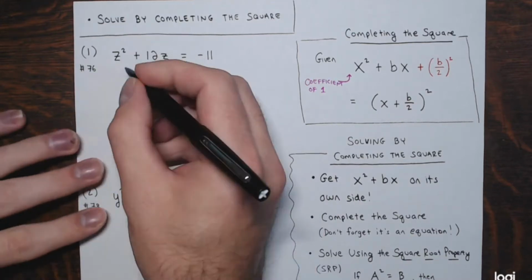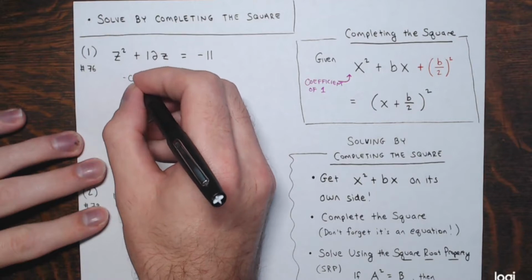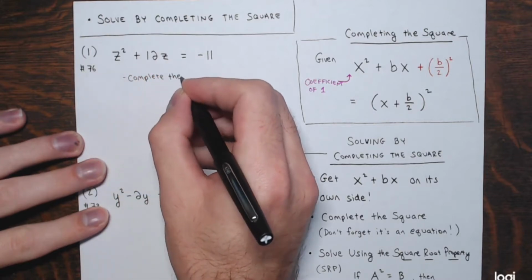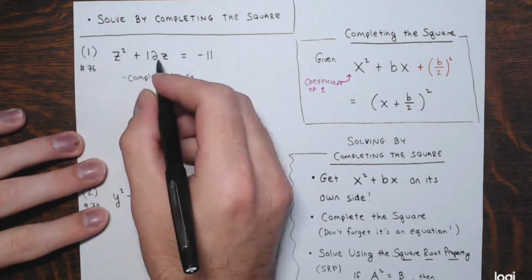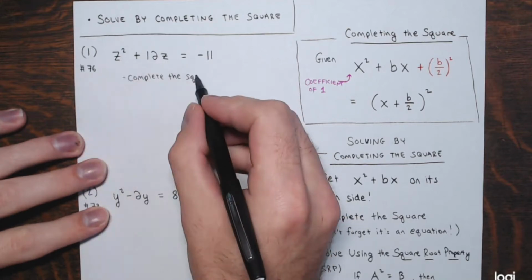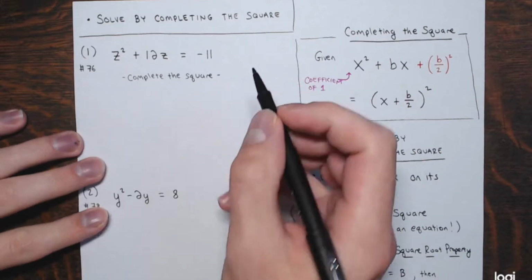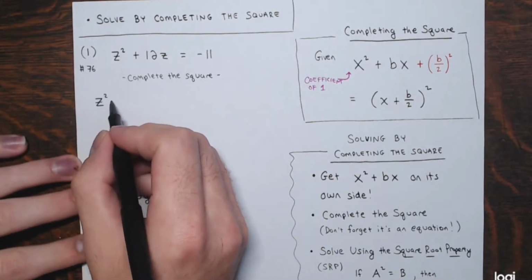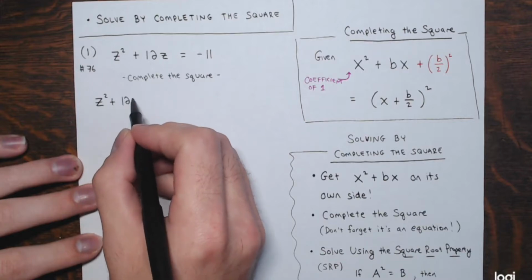Alright, so now I complete the square on this binomial, on this quadratic term and linear term. So on the left side we have z squared plus 12z.